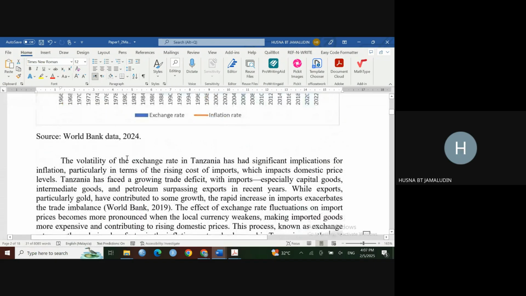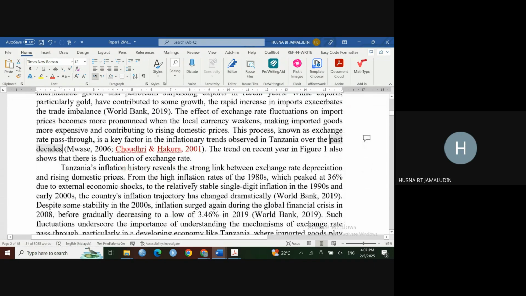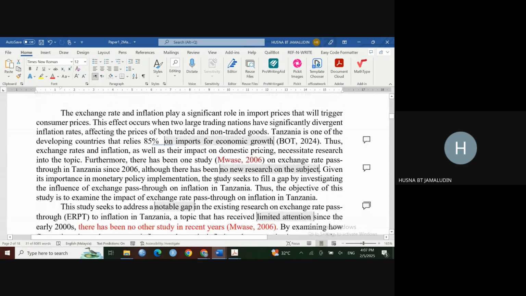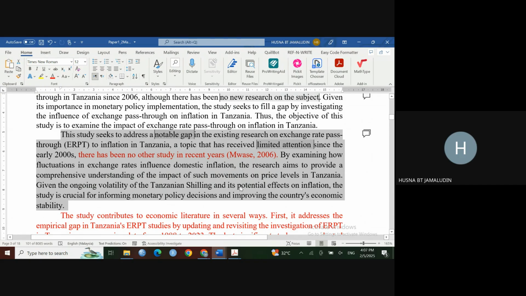Where is the objective? Volatility, the trend, inflation, exchange rate, this statistic. Can you imagine how many intros you have? And then among all those things, this is the gap in the existing research. Where is the exact objective?